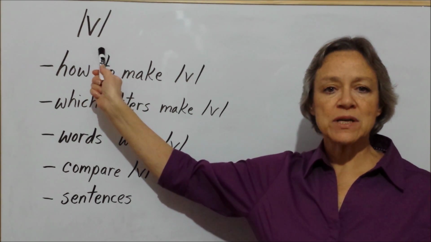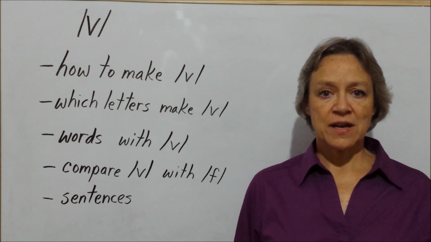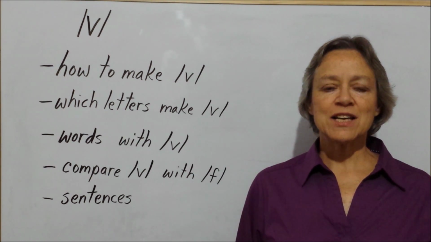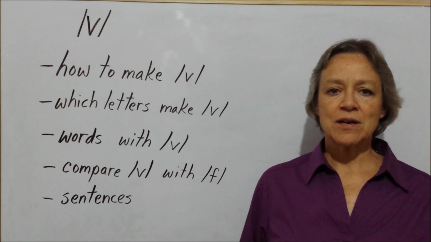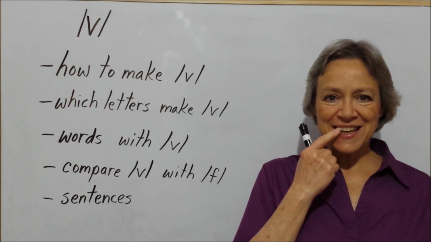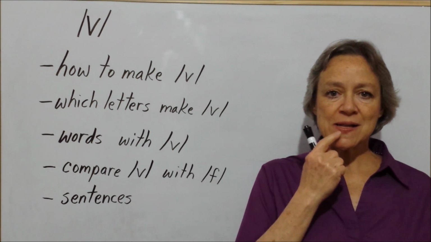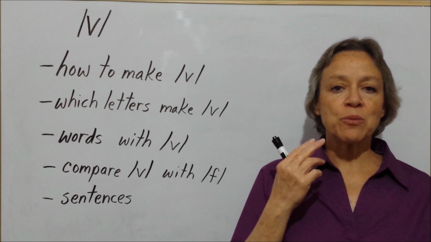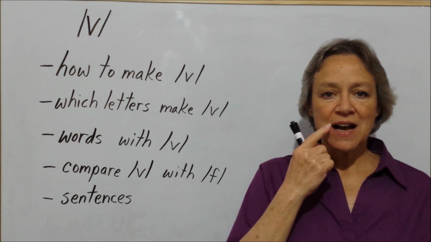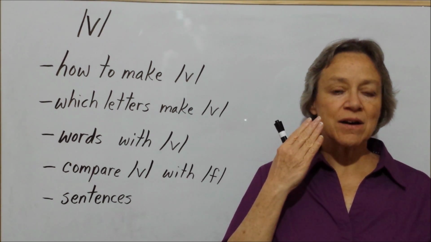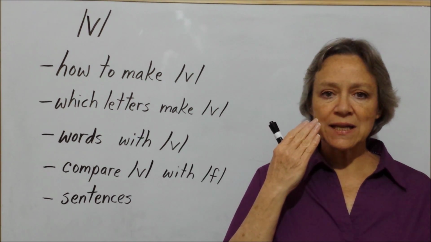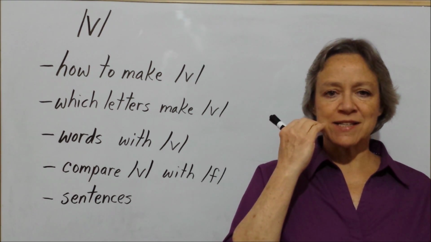Again, this sound is V, and the way we make that is by very lightly resting our upper teeth onto our lower lip. And we rest the teeth on the inside of the lip, but again very lightly, and not far inside.